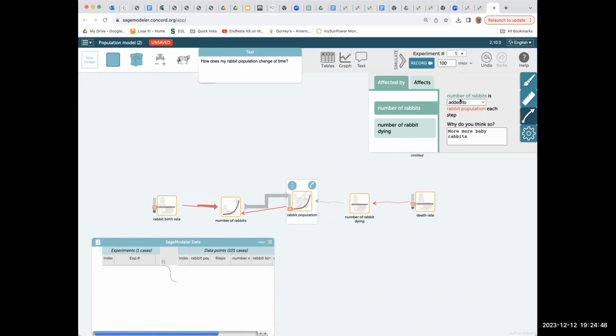And it says the number of rabbits is added to, well, I did that one already. I want to do this one, number of rabbits dying. So the number of rabbits dying is added to or subtracted from. Well, it's subtracted from, right? Because they're dying, so the population is going to decrease. And then I could type why: individuals who die decrease the population.